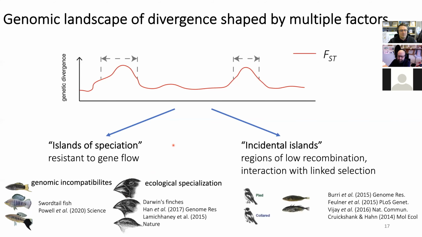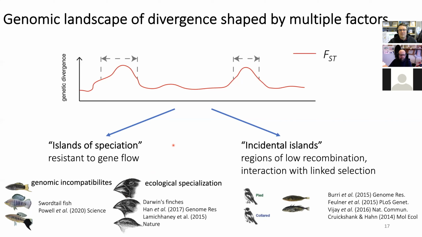But also a number of other studies have identified this landscape where it seems to be mainly due to the interaction between selection and recombination rather than having something to do with speciation and gene flow.